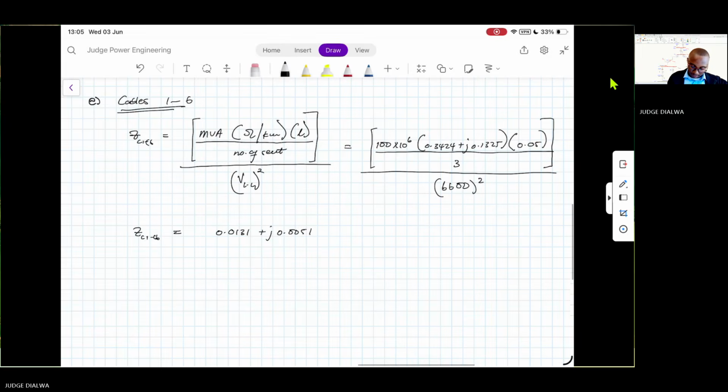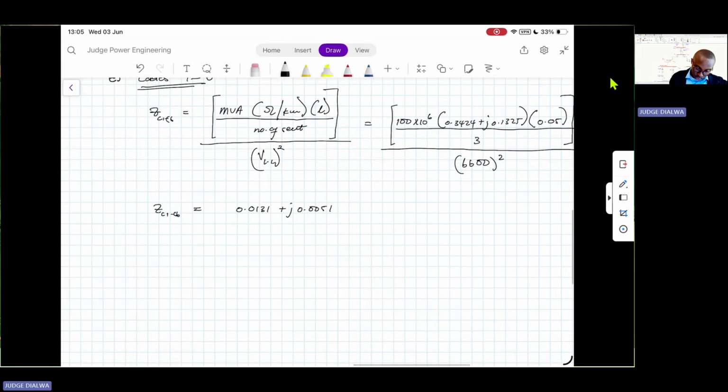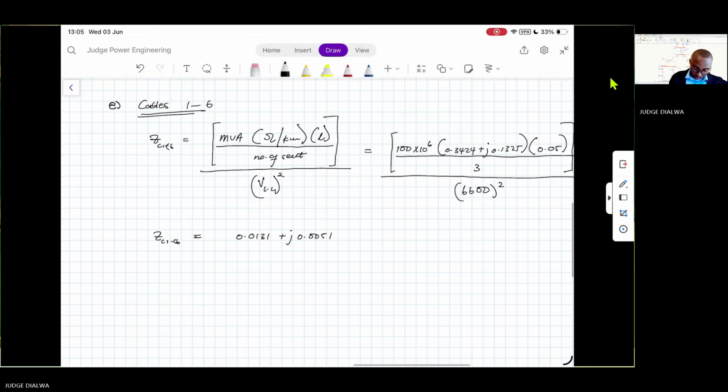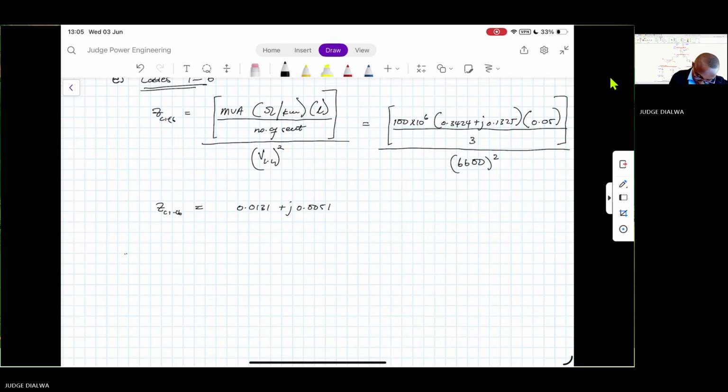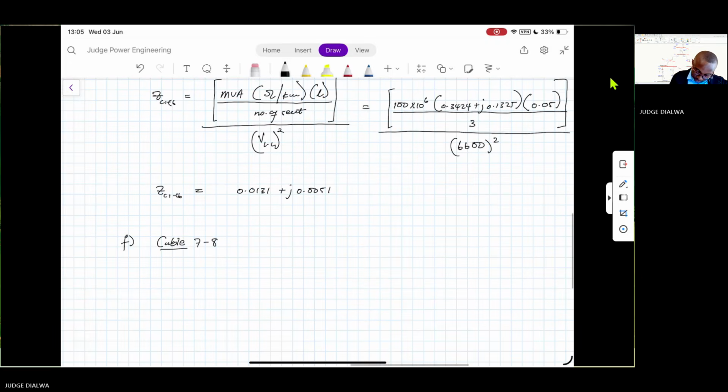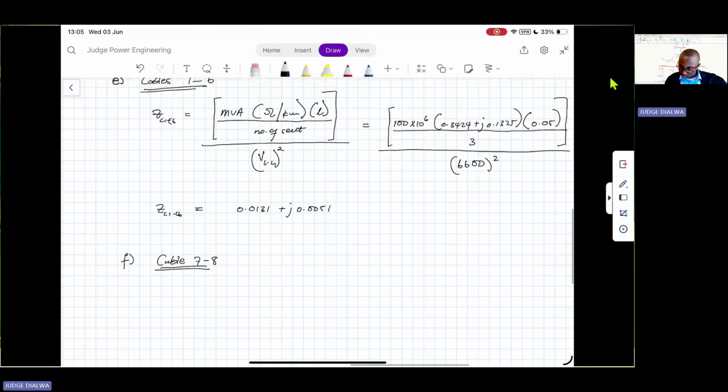Right. Then move on to cables 7 and 8. For cables 7 and 8, same thing. The difference is the length.